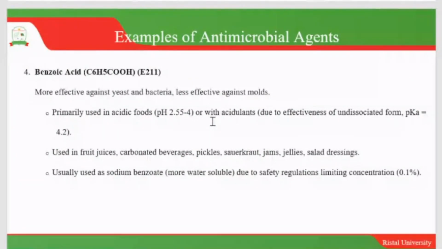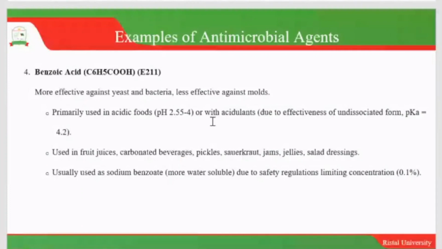Remember, we're talking about the role of acids, and we are saying that the acids in most cases retard and also destroy these microorganisms. So usually this benzoic acid is used as sodium benzoate, where it is more soluble in this form, and also due to safety regulations limiting its concentration to 0.1%, I should say.